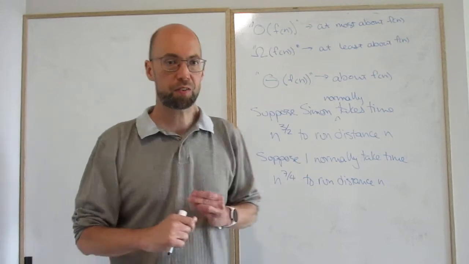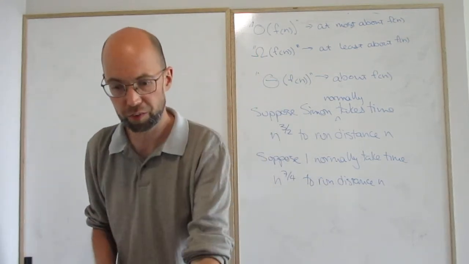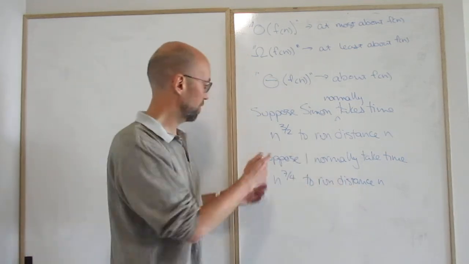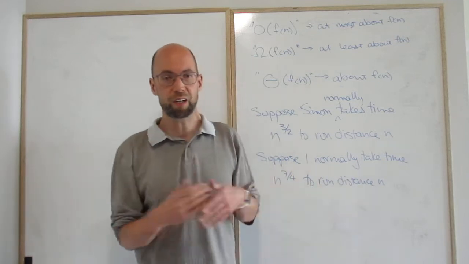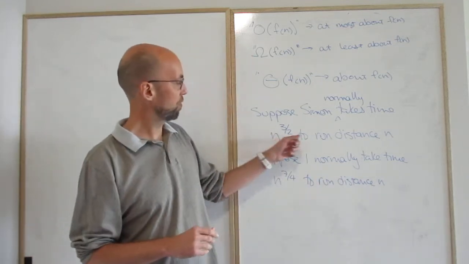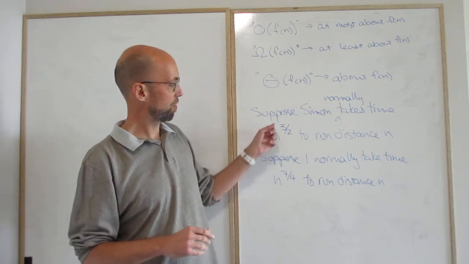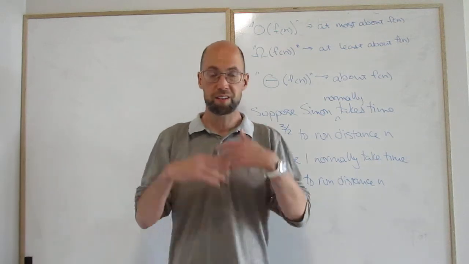Okay, but maybe Simon gives me a head start, and maybe I have my favorite shoes on and he doesn't. So there's some constant times this and some constant times this. He's going to give me a head start, so he's going to take c times n to the 3/2 plus 10.